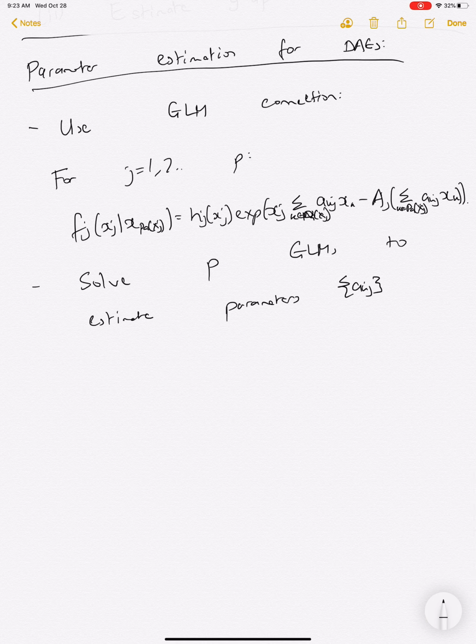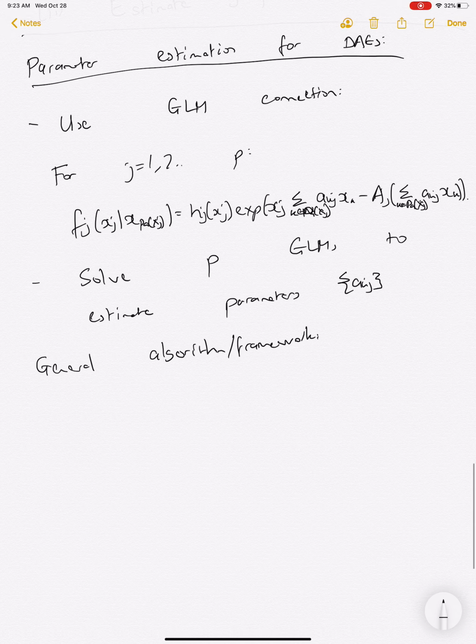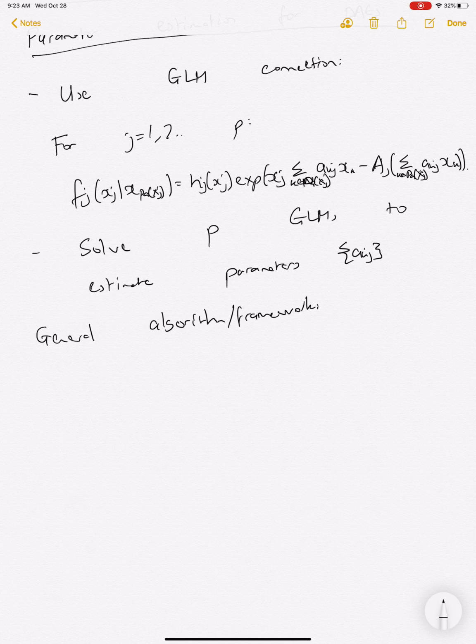So you can think of a general algorithm or framework as follows.